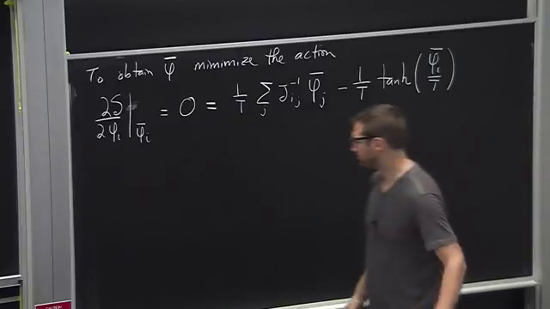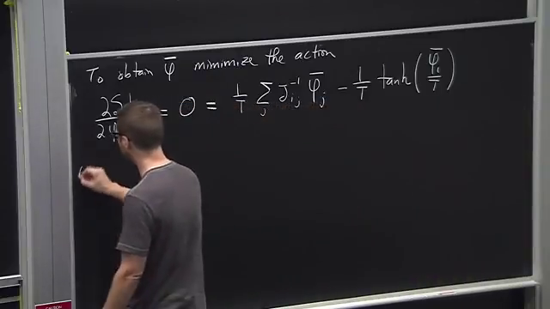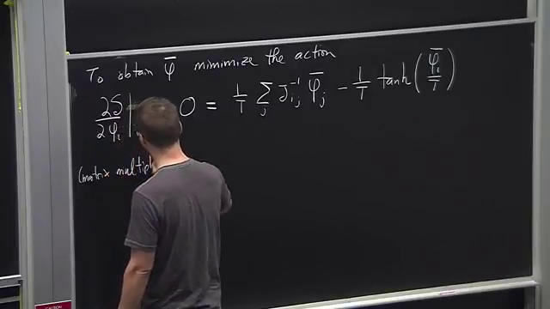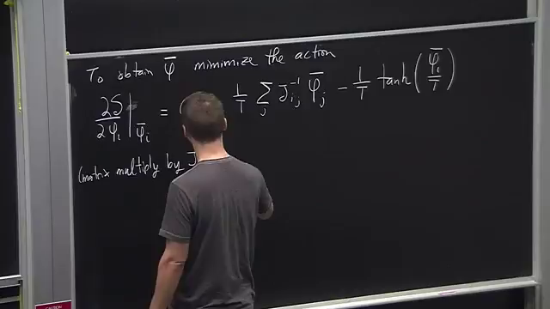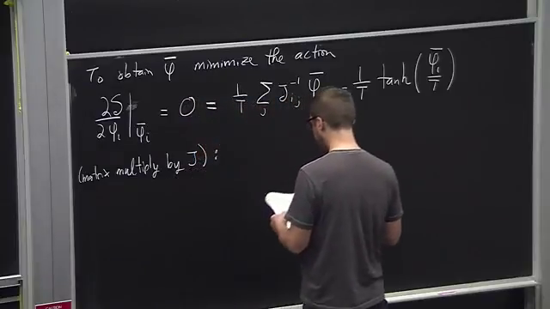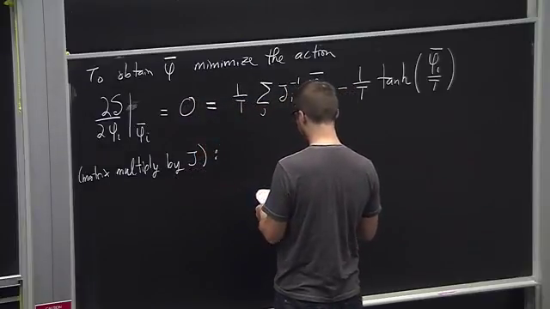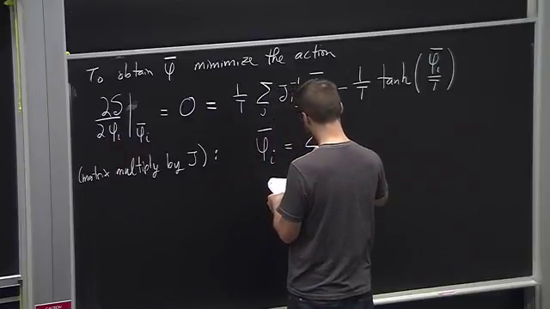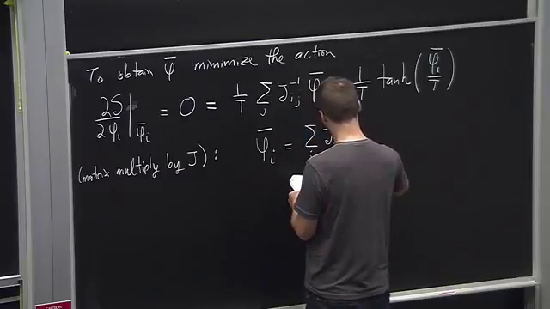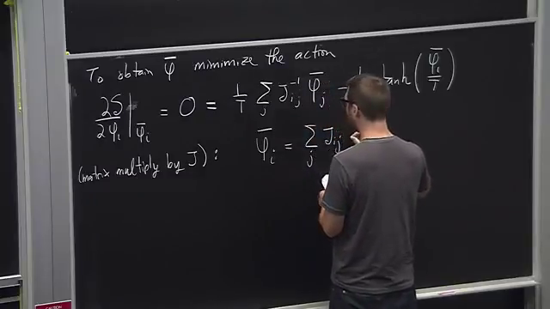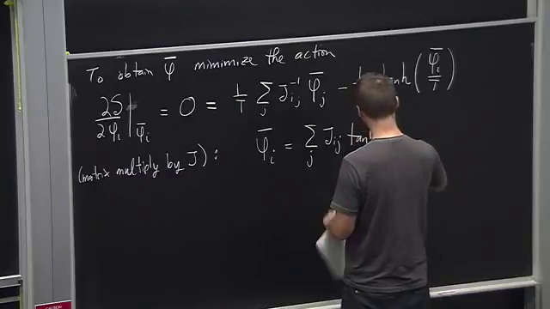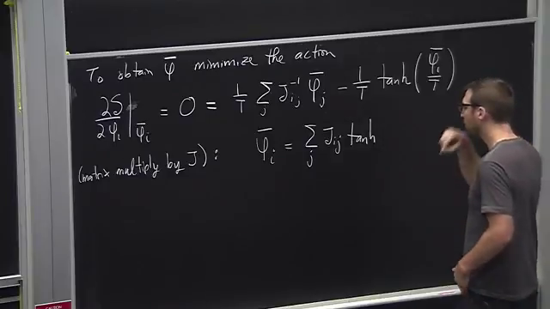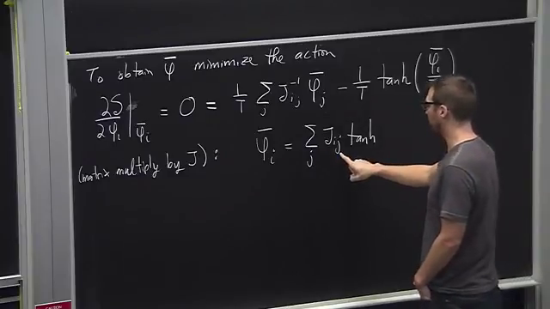That'll give me something like this: hyperbolic tangent of J ij.